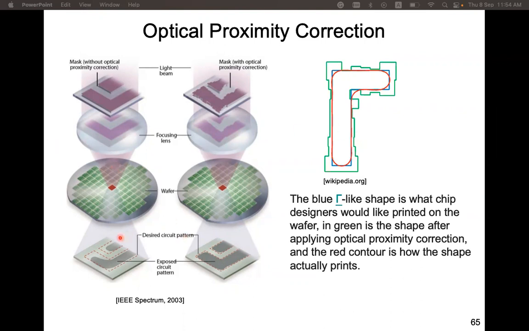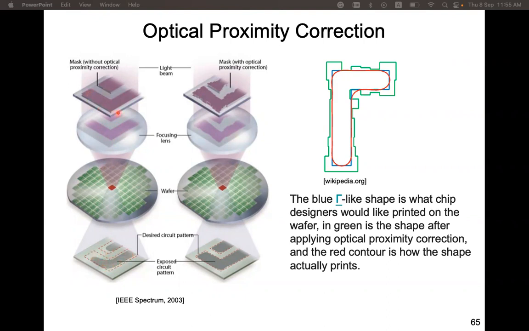So here illustrates two different approaches. Say if we use the layout directly in those sub-90 nanometer technology, the created pattern will highly deviate from the desired pattern.